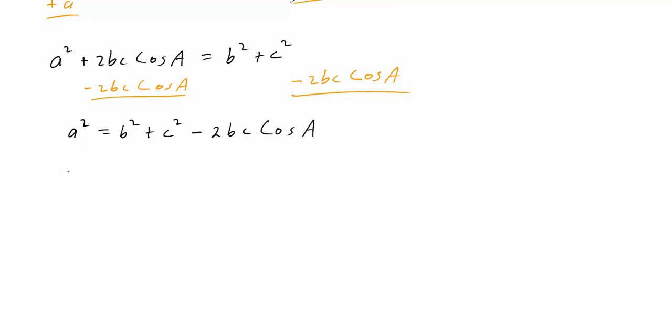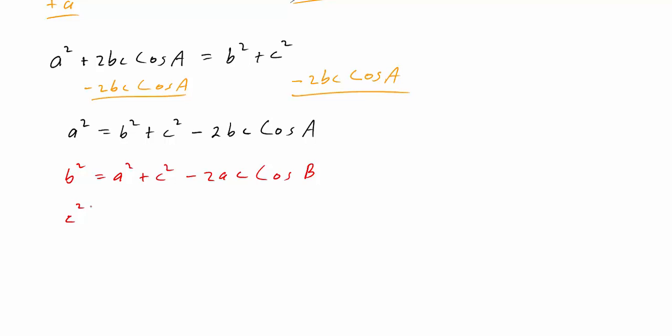If instead of side A we wanted to find side B, then it would simply be B squared equals A squared plus C squared minus 2AC multiplied by the cosine of B.